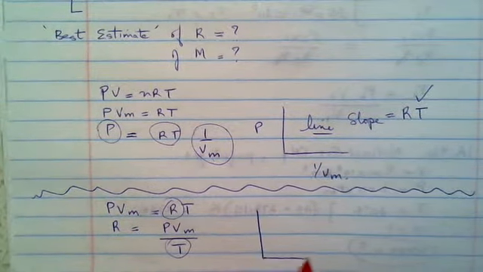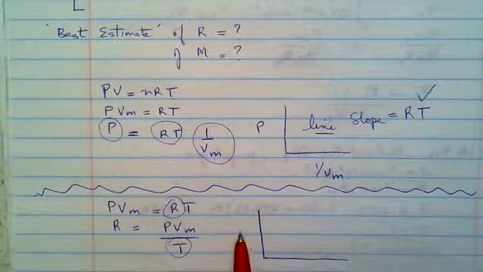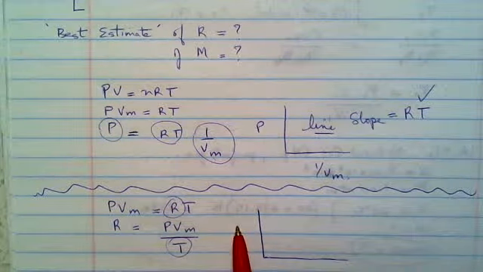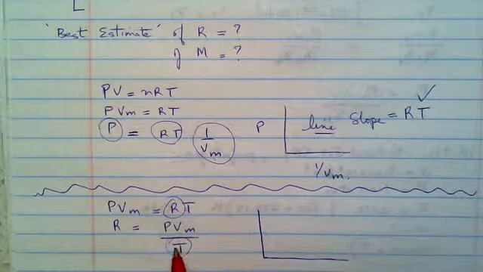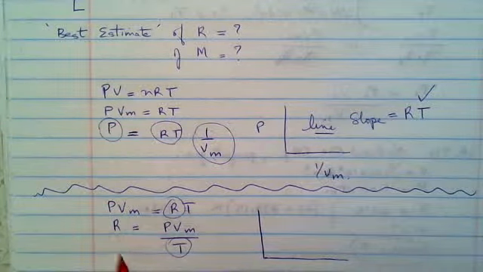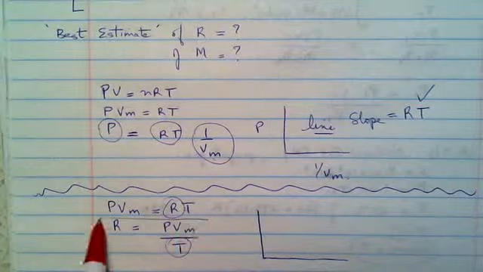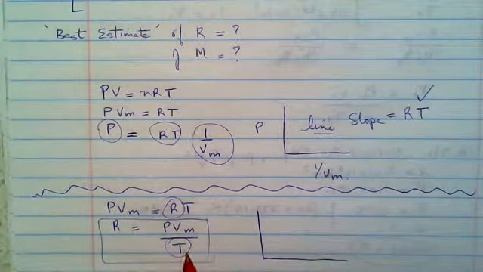So the idea here is you could graph, sorry, I'm stalling because I'm looking at temperature. Yeah, I need temperature. So R is supposed to constantly equal this PVm over T.